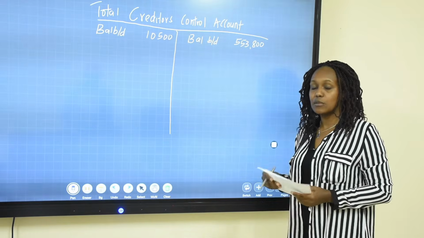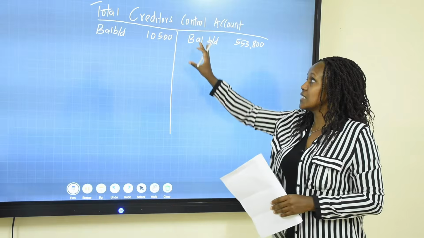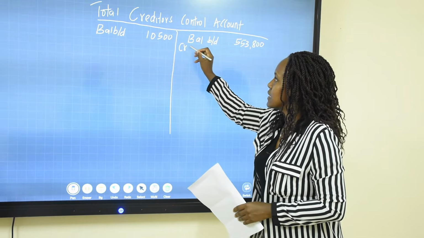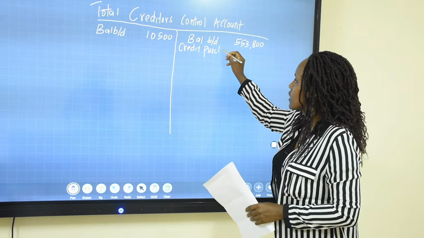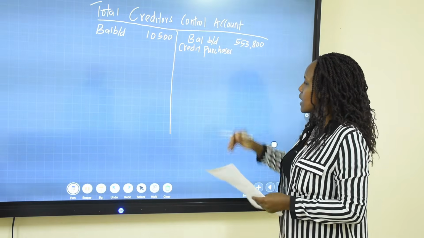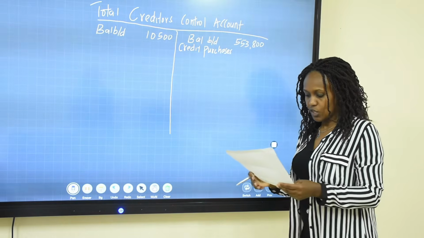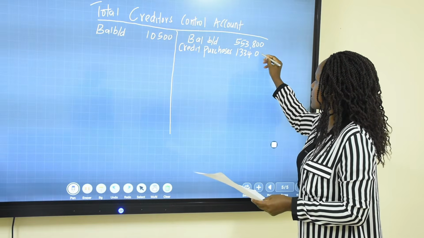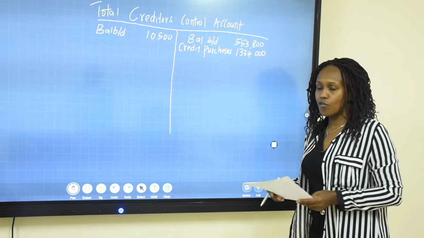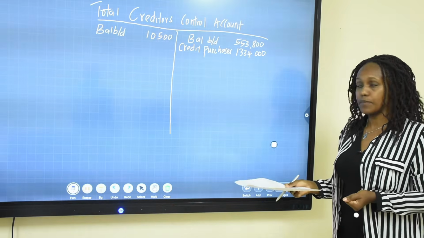That is this credit balance. And we said that this account is increased by credit purchases. If we continue buying on credit, the credit purchases are going to increase our obligation. So our obligation in the month increased by the credit purchases of 1,334,000.